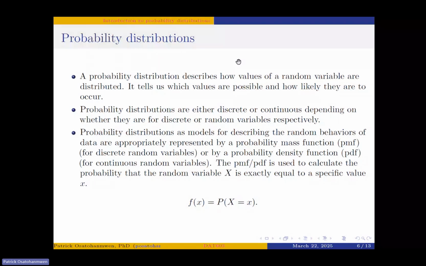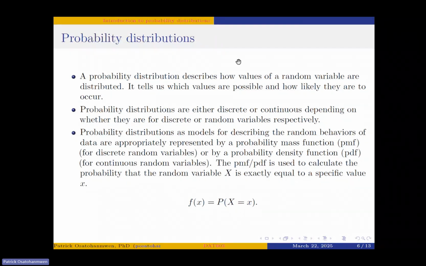Mathematically, for a discrete random variable, there is a function that we ascribe to it, called the probability mass function. For a continuous random variable, there is a function we also assign to it, called a probability density function. For probability mass function, we use the short form PMF, and for probability density function, we use the short form PDF. So these are functions that are ascribed to these specific distributions.